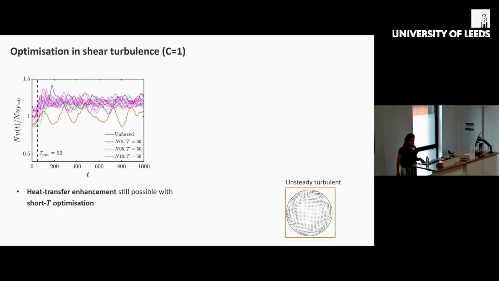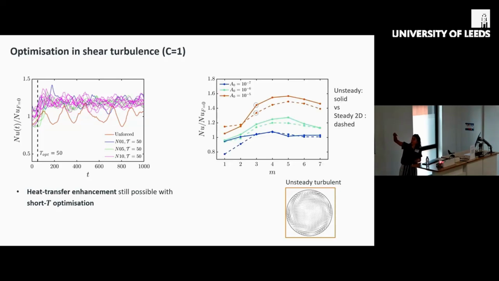And what's interesting is to compare what we get with this short time but turbulent optimization to the case where we instead assume the steady two-dimensional flow, similar to what was done in previous calculations. So this form of the rolls, we still get it like in previous calculations, but now we have a fully time-dependent flow we're optimizing with, so we want to see the effect of this compared to the steady flow assumption.